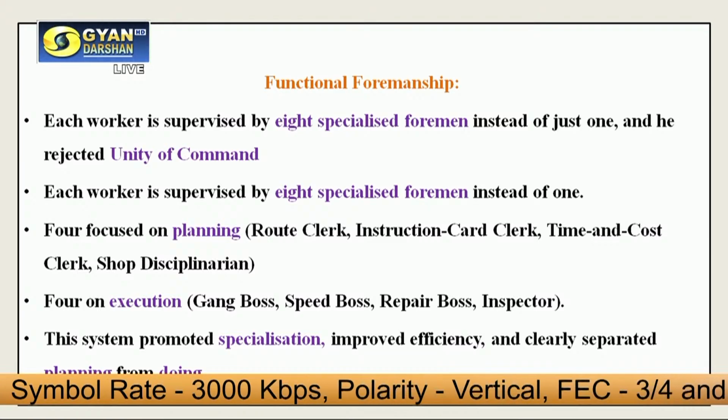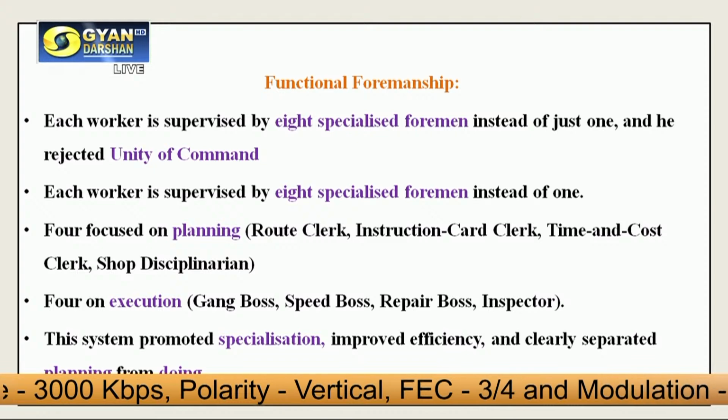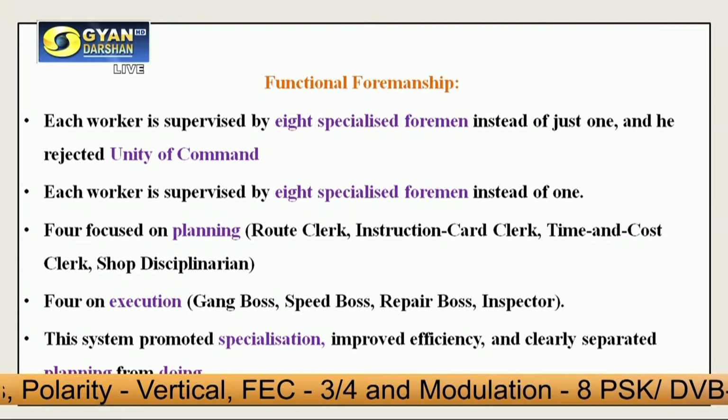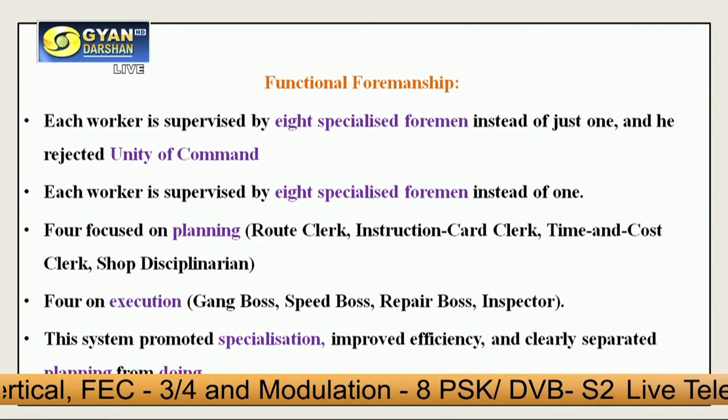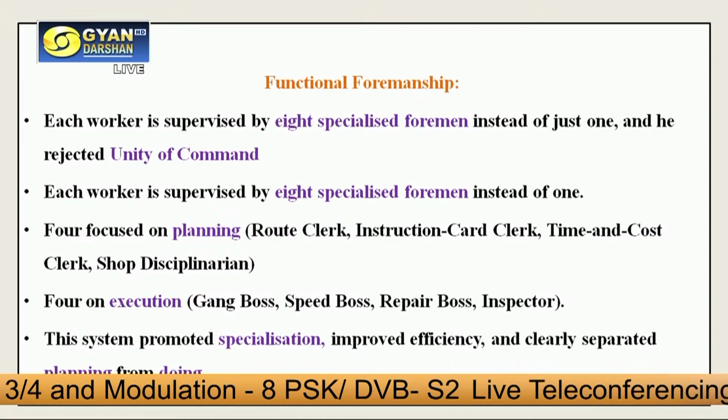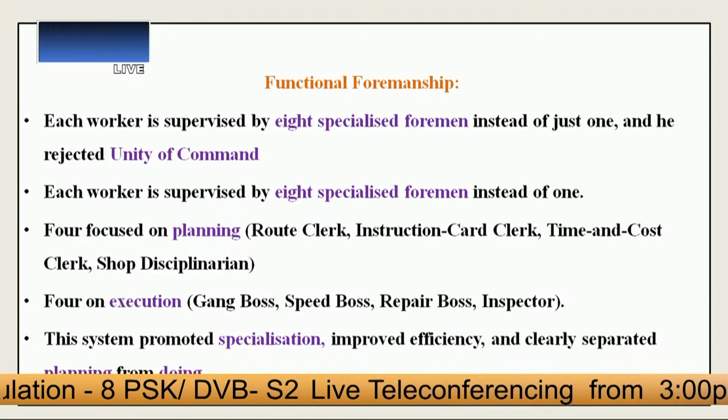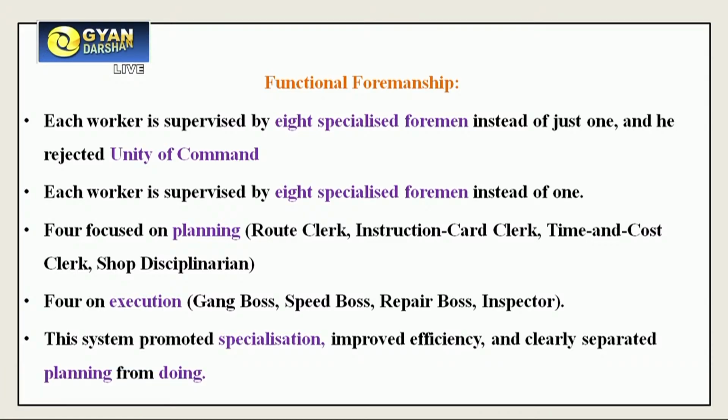So first we need the organization planners and the planning division, and he rejected the idea of single foremanship. Single foremanship is a single boss, so he rejected the idea of unity of command, where workers receive orders from only one superior. That's why he said he needed 8 foremen.